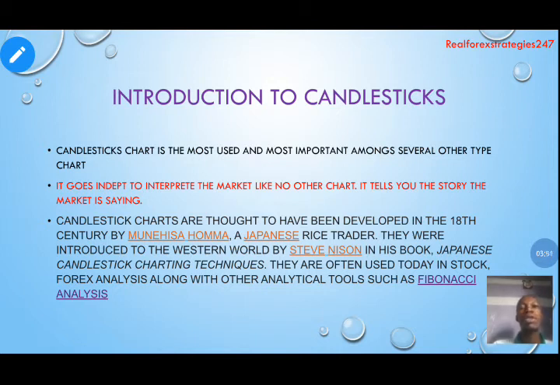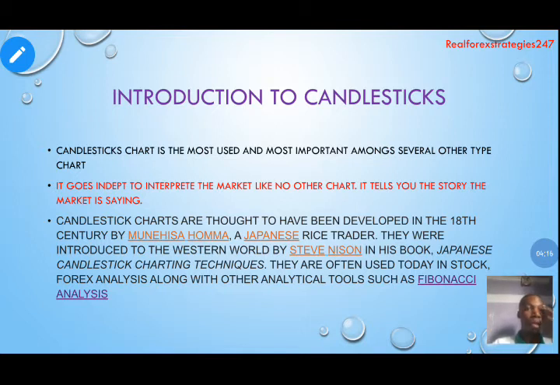They were introduced to the Western world by Steve Nison in his book. In the past, there was nothing like the candlestick chart in the Western world. What the Western people actually used to predict price movement was a line chart and also a bar chart.